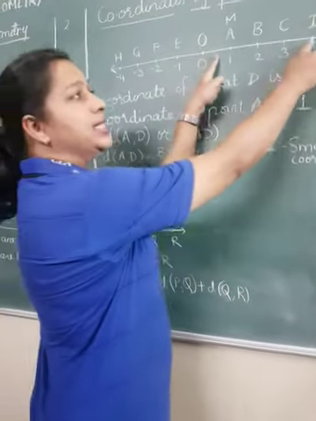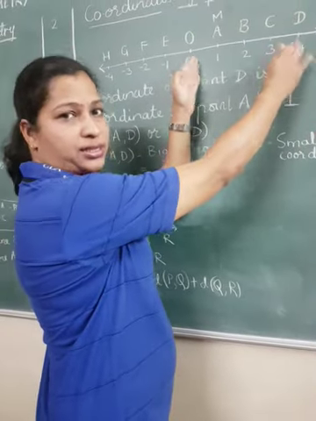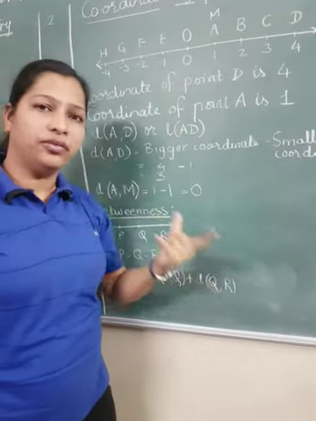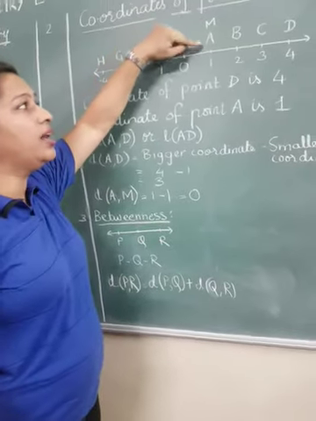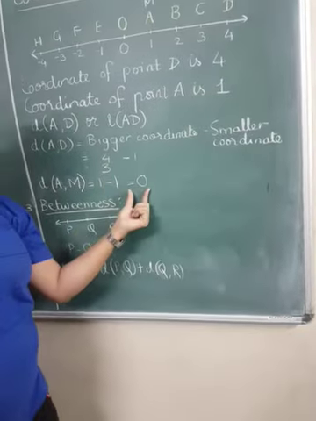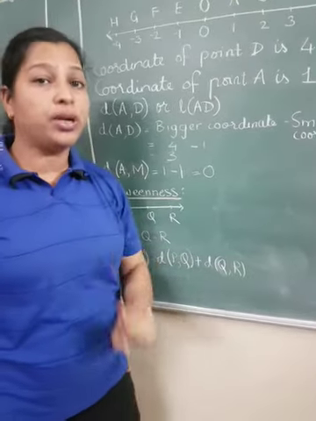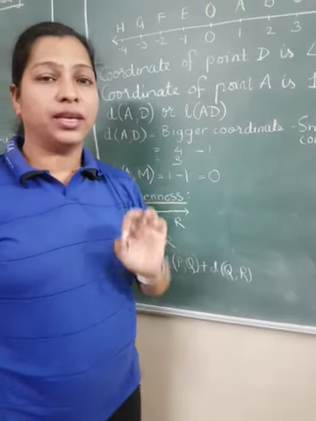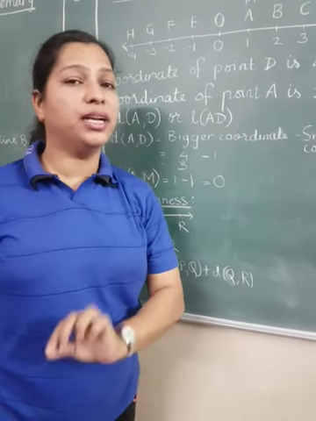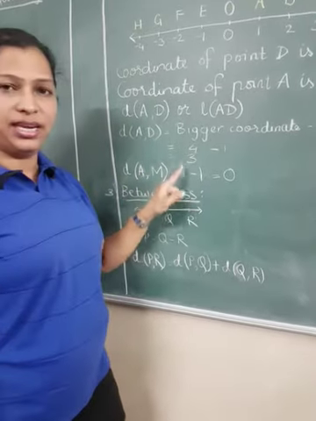That if there are two distinct points, distinct means they do not overlap, then the distance between them is a positive real number. And if they are overlapping or non-distinct points, then the distance between them is 0. So what can we conclude from this? That the distance between any two points is a non-negative real number. Non-negative real number means it can be either positive or it can be 0, as we have seen here.